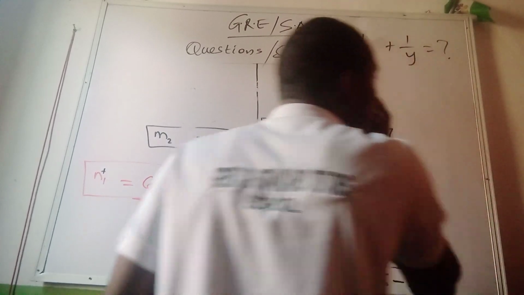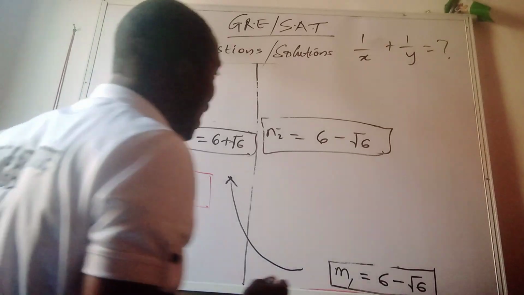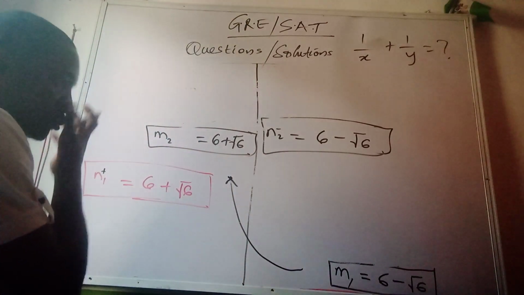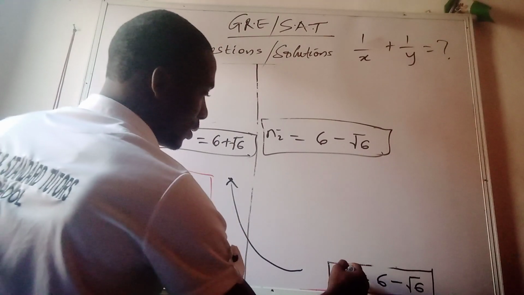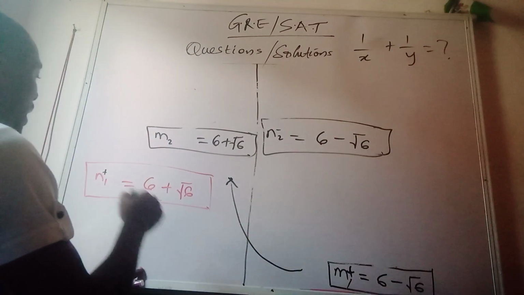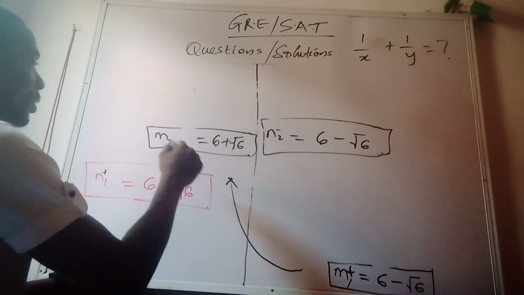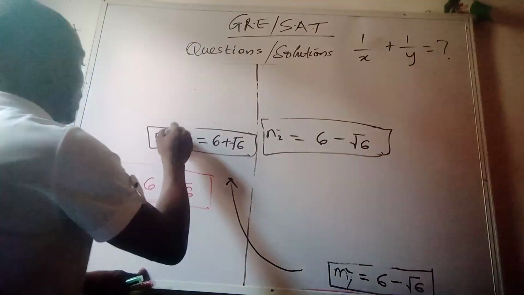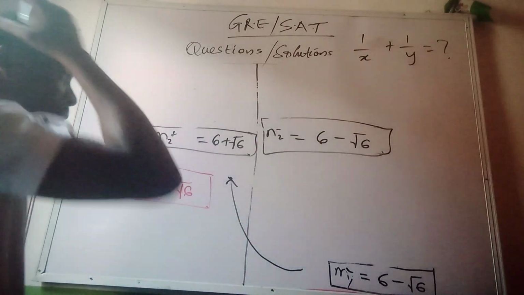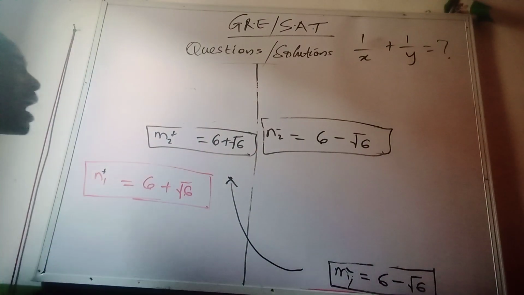If we pick this for m1, that is when it is positive, and for m2, that's when it was negative. If you want to pick any of these, you pick them interchangeably.